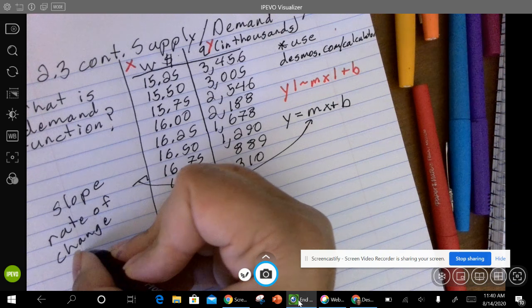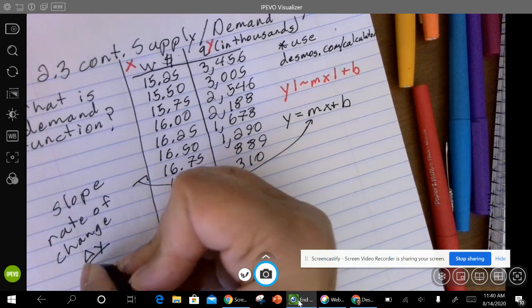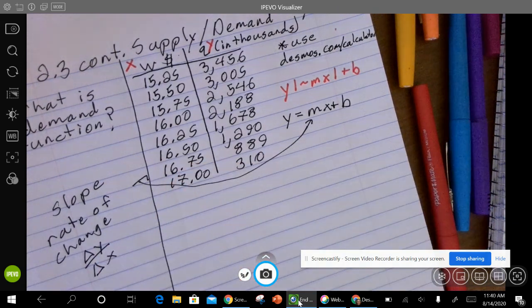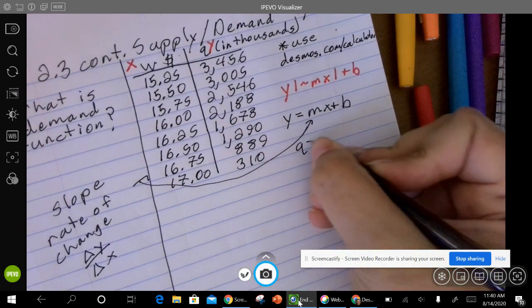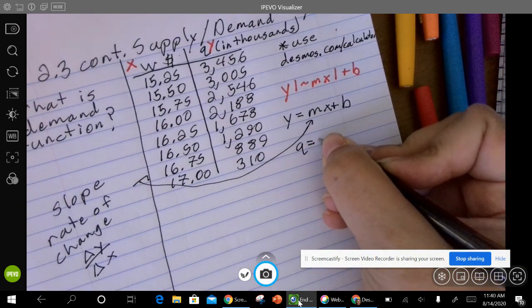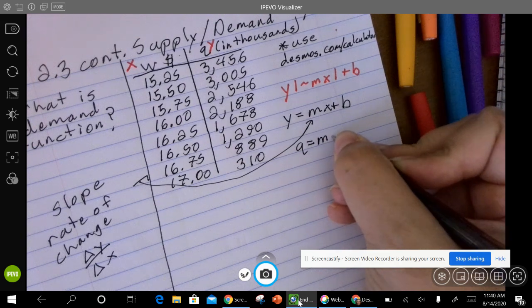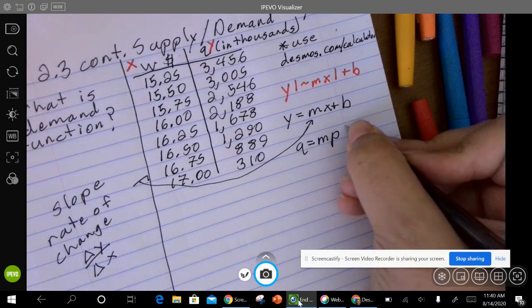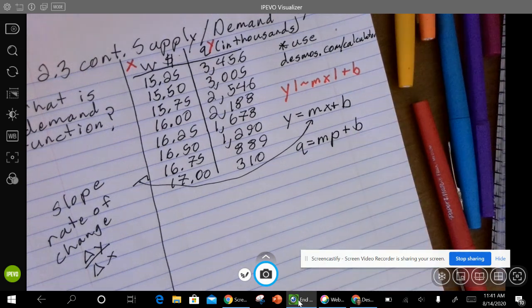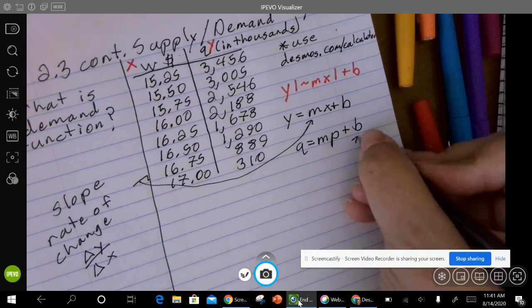Everybody remember it's the change in Y over change in X. So we're going to have Q is equal to M, the slope, P is our price, plus B. Remember, this is our y-intercept.